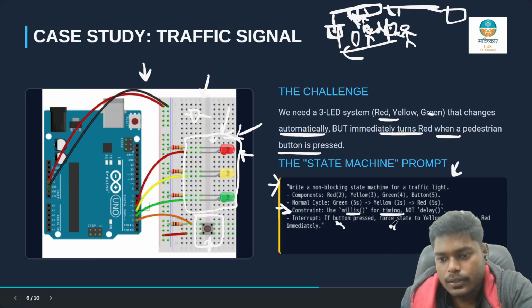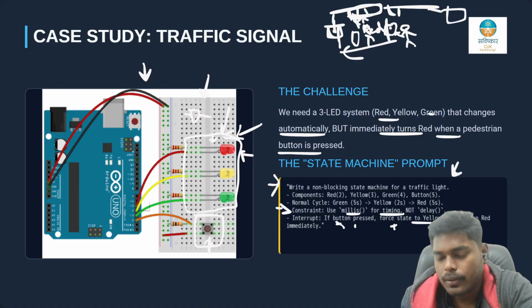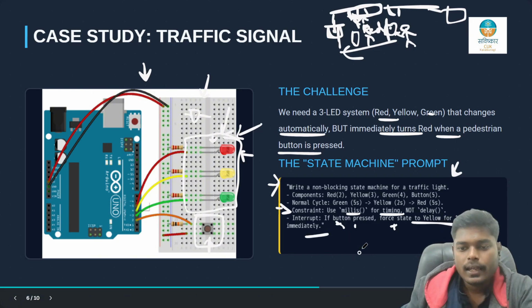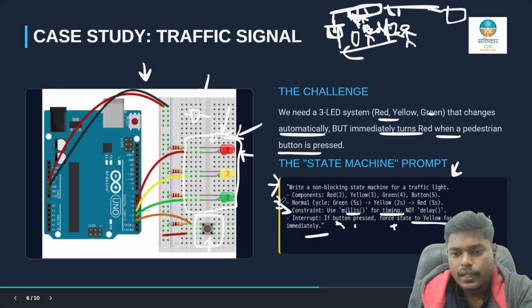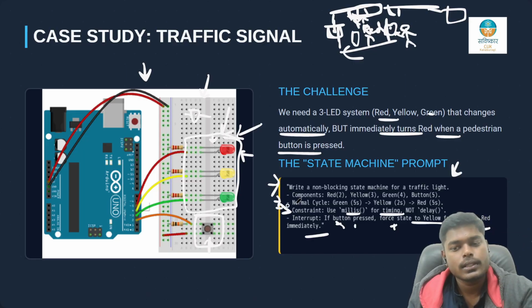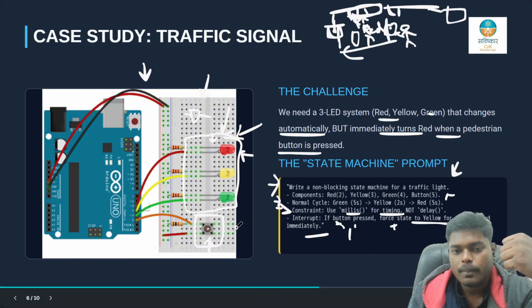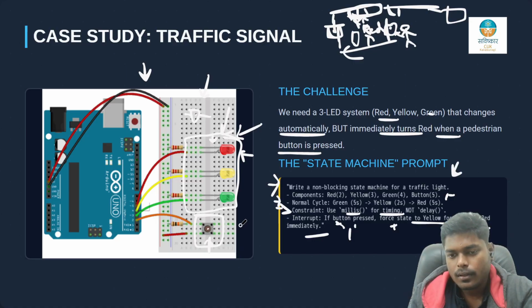And if the button is pressed, then force the state to yellow for 1 second and then red immediately. What does this mean? This is the normal cycle: green for 5 seconds, yellow for 2 seconds, and then red for 5 seconds. But the moment a pedestrian presses this button, it will forcefully make the state yellow for 1 second, no matter where it is right now.